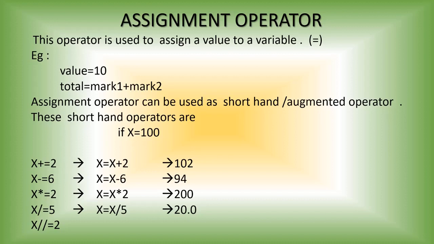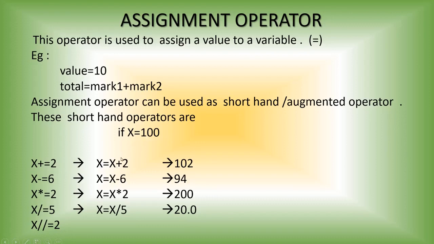Here I wrote x plus equal to 2. This is the augmented form, or the shorthand form. x plus equal to 2 is the same as x equal to x plus 2, the same variable x plus 2.